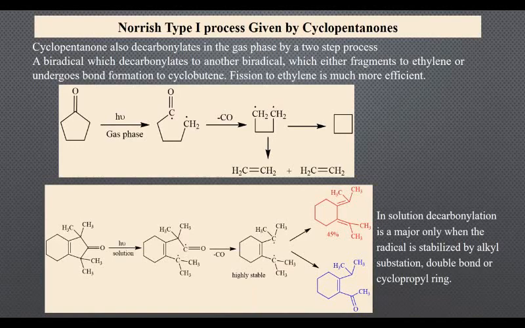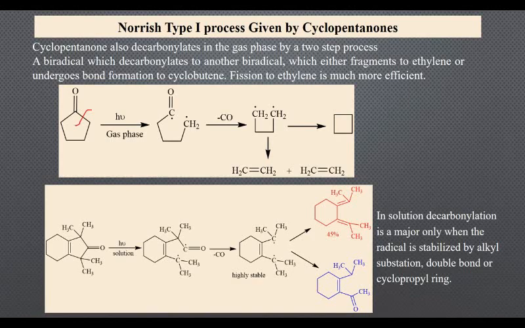Now let's see the Norrish Type I process given by cyclopentanone. In the gaseous phase, these also undergo decarbonylation, and similarly one is an acyl and the other is an alkyl radical.